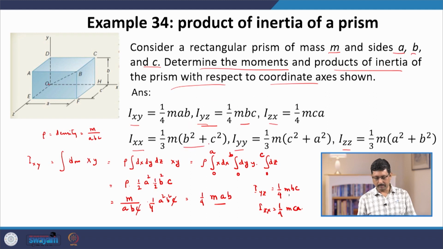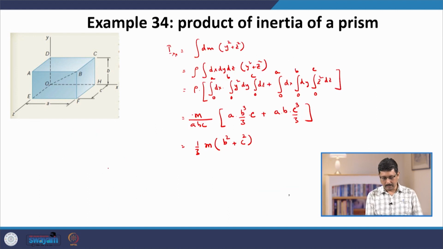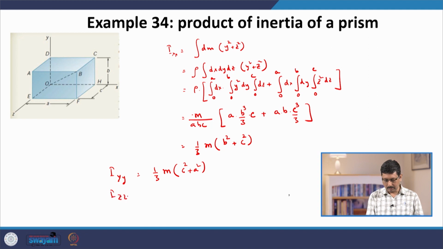By a cyclic permutation of the indices, because these integrals are symmetric in x, y, z, we can guess that I y y will become 1/3 m times c square plus a square, and I z z will be 1/3 m times a square plus b square.